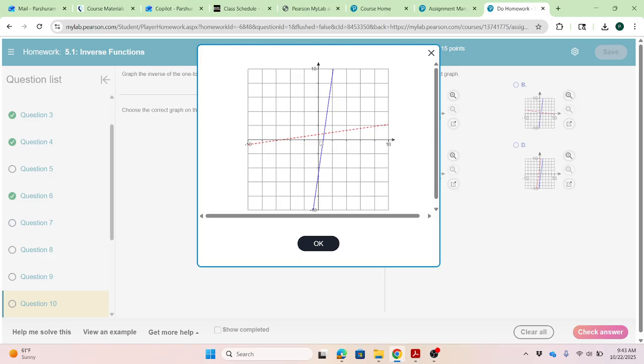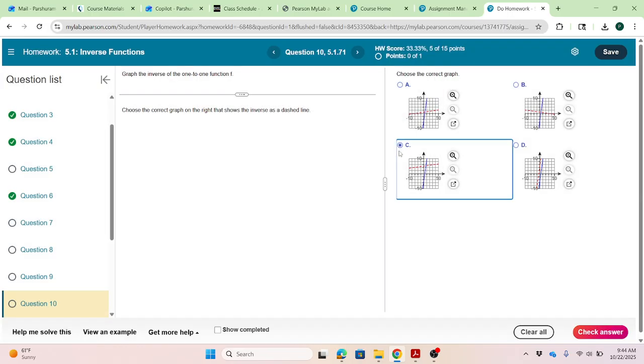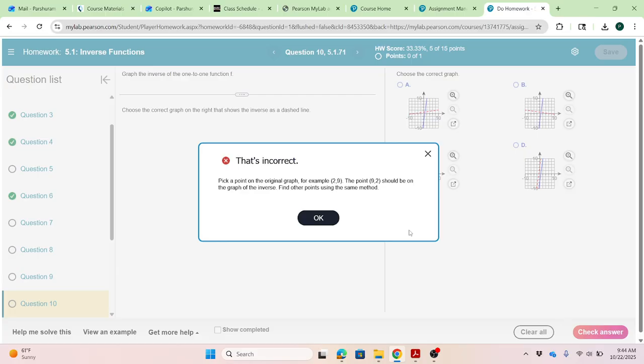It looks right because at 0, it's almost -4, but not exactly -4. And at almost -4, it's 0, and it looks like a symmetric reflection across the y equals x line.